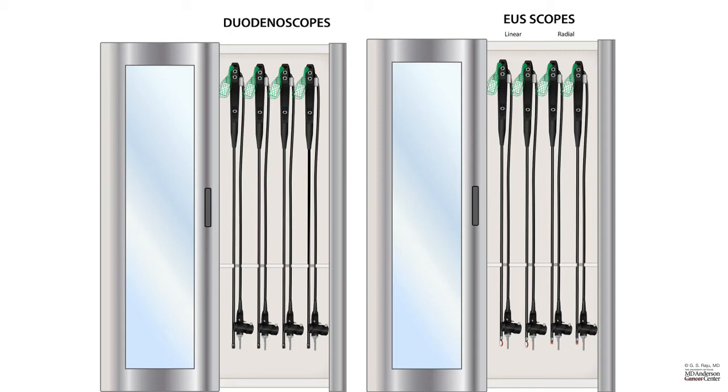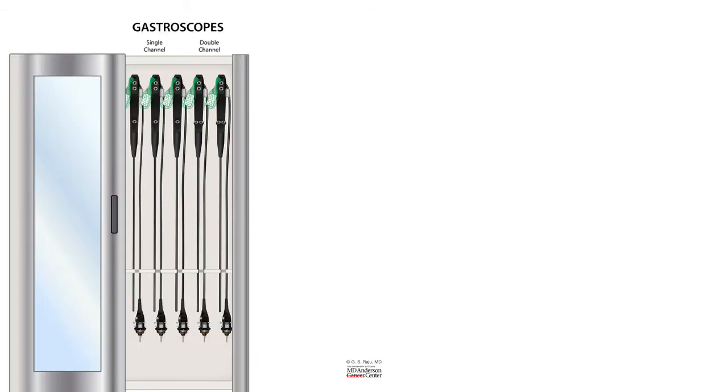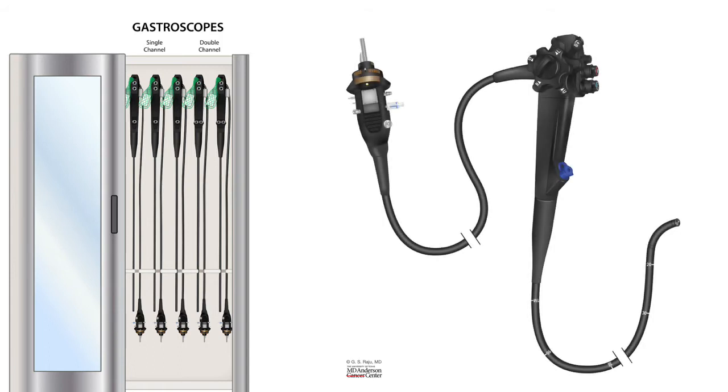So, let us come back to the gastroscope and see what all it can do. We will learn about the structure and function of the scope in another lesson, but let us see how far down the gastrointestinal tract a gastroscope reaches.